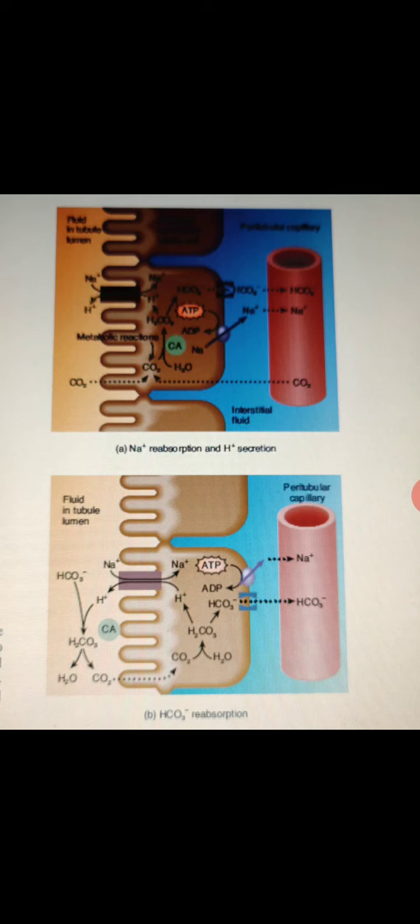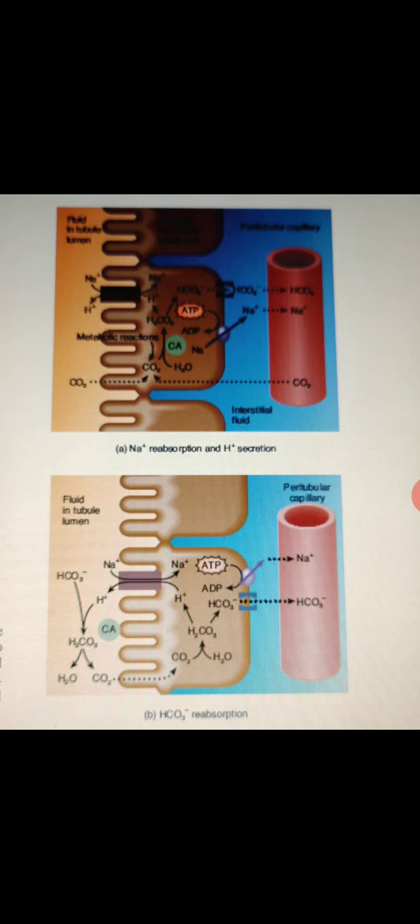PCT cells produce the hydrogen ions needed to keep the antiporter running in the following way.